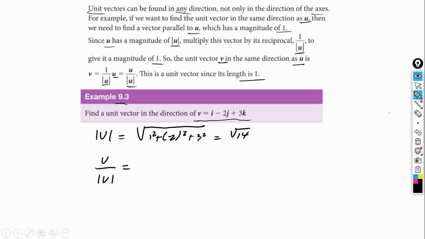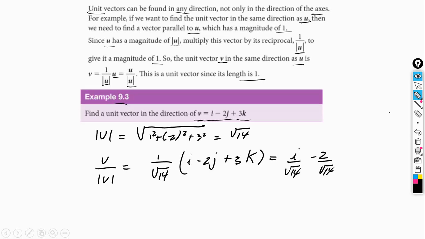So in other words, 1 over square root of 14 times the vector v, which is i minus 2j plus 3k. And this is obviously just going to give us i over the square root of 14 minus 2 over the square root of 14 times j plus 3 over the square root of 14 times k.